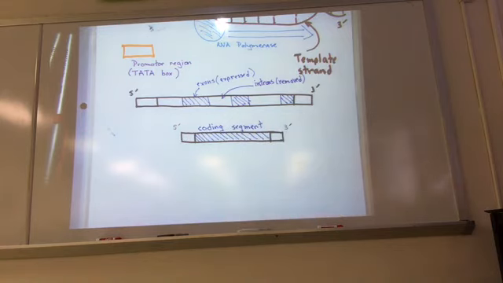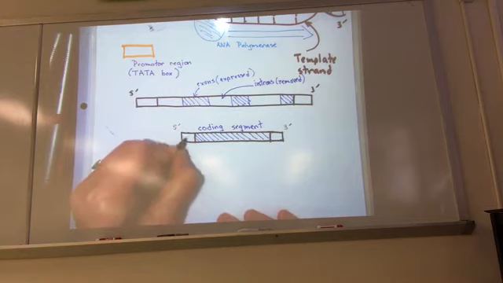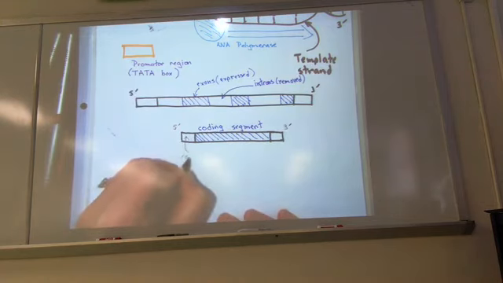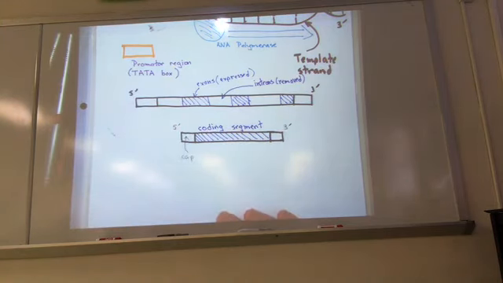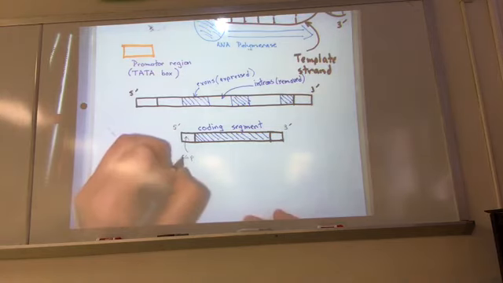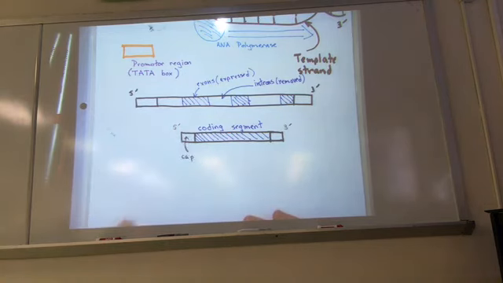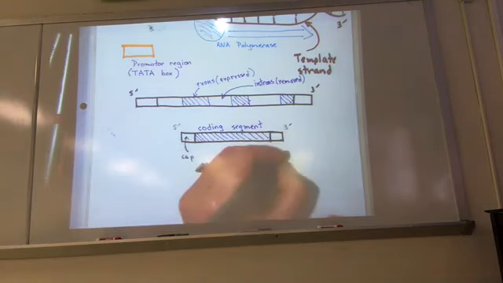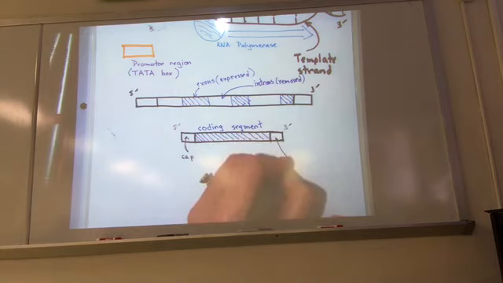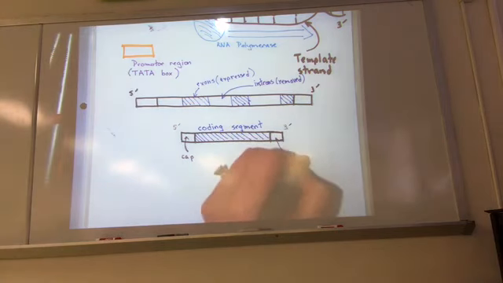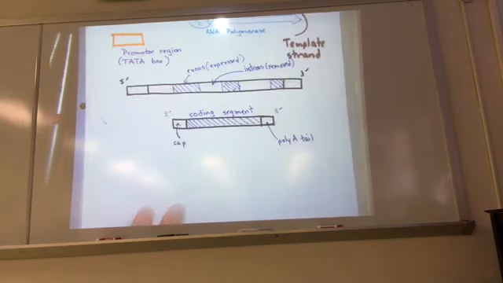On the 5' end, we remember that this is where a methylated cap has formed. That's not very dark. I'll make it darker. And this is called the poly A tail, and that is on the 3' end.